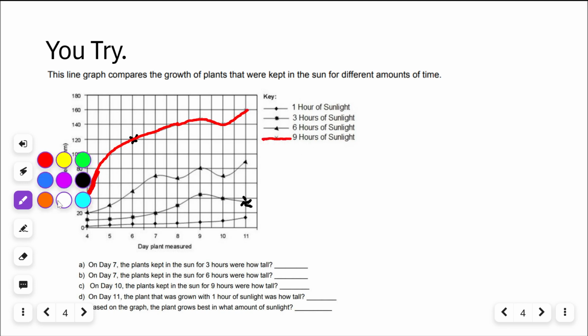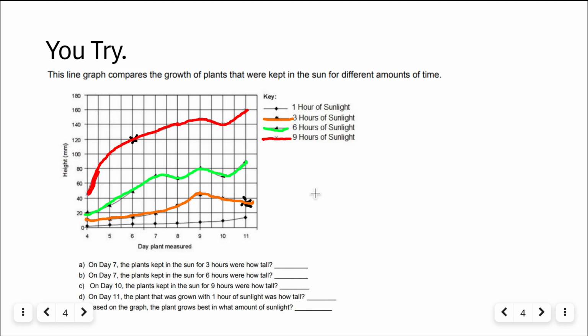So that's my X line. Here's my triangle line. Then we have our sun line in orange. That was a good choice. And then finally, the 1 hour sunlight's on the bottom. We'll just leave that in black.